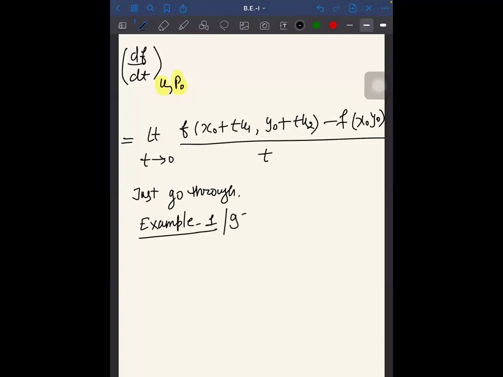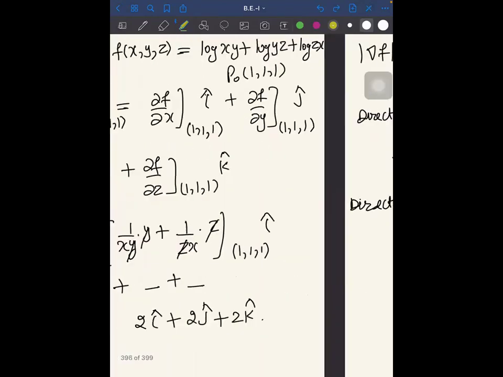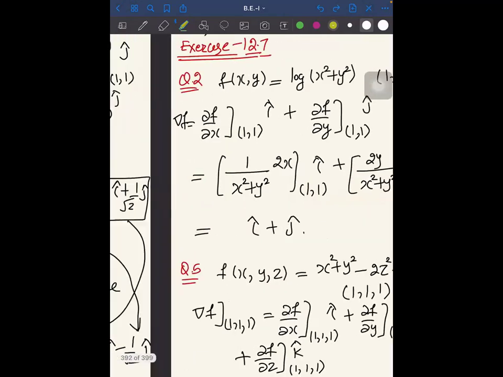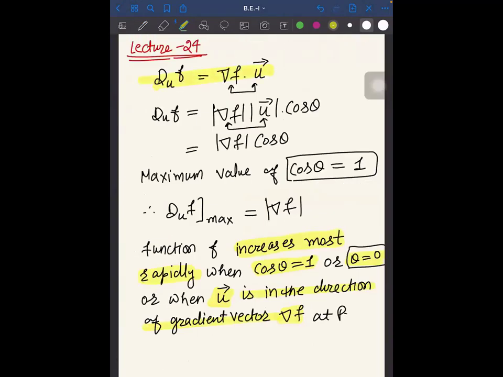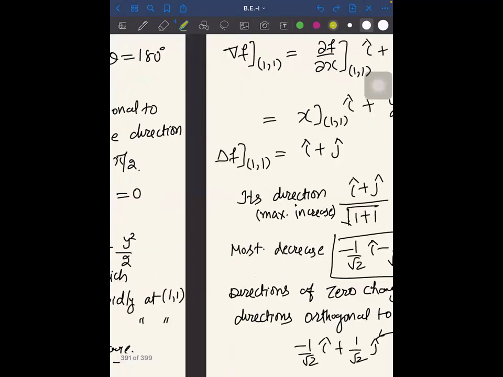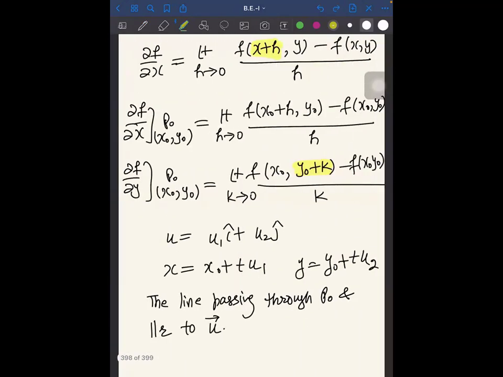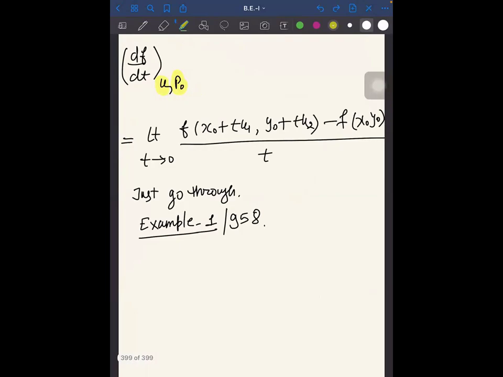Okay. So basically you will calculate the directional derivative using this formula, and you can cross check by using another formula which we are actually using, and that is nothing but this thing, directional derivative. Okay, so you can use both those formulas and verify that you will get the same answer, right? So that's it for today.